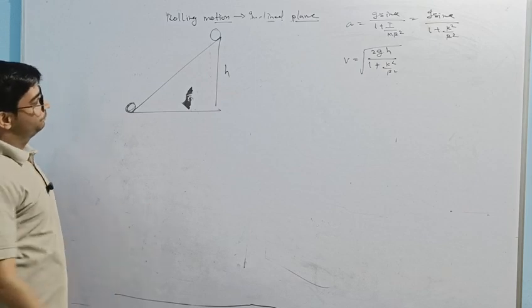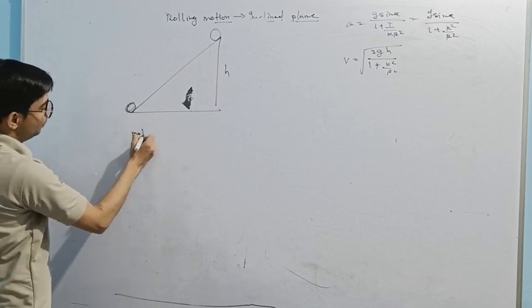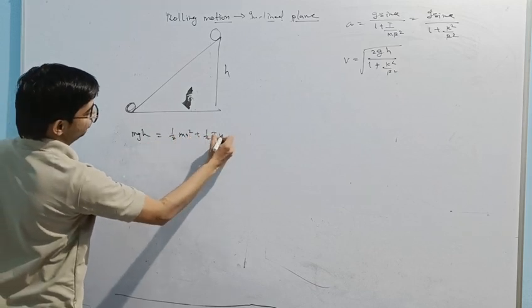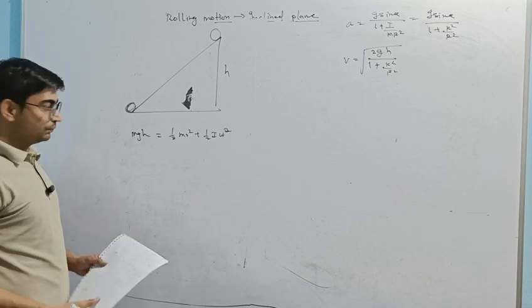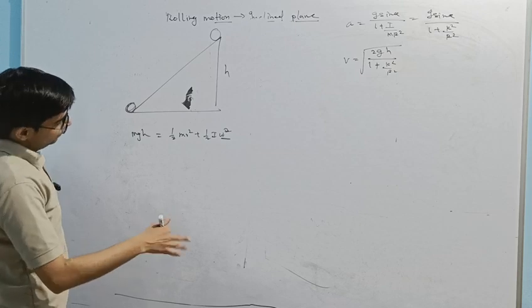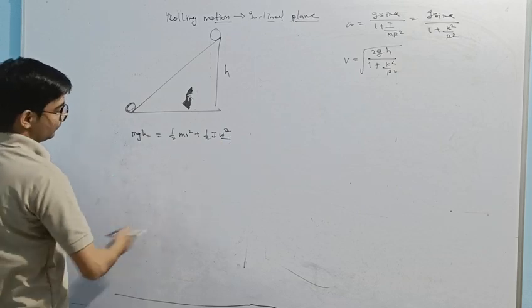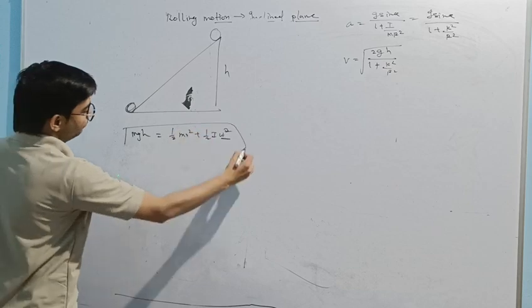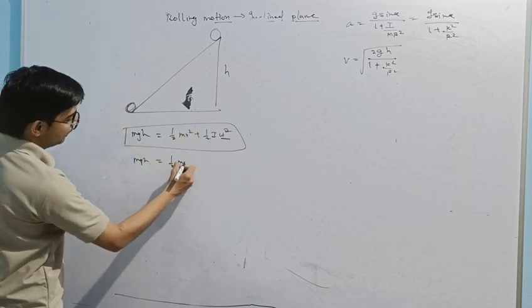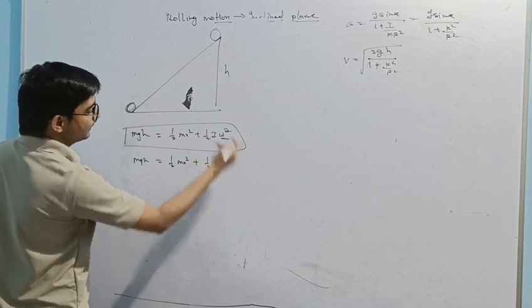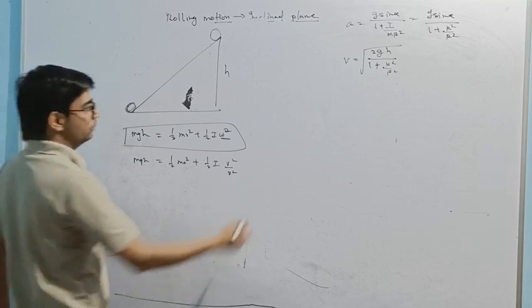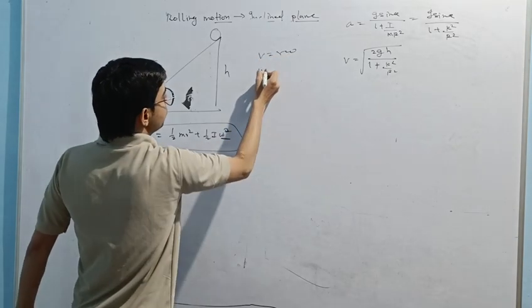So we can say m g h is equal to 1/2 mv square plus 1/2 I omega square. It's clear? So you can put the value of omega here. mgh equals 1/2 mv square plus 1/2 I, and omega square is v square upon r square, because v is equal to r omega, so omega is equal to v upon r.